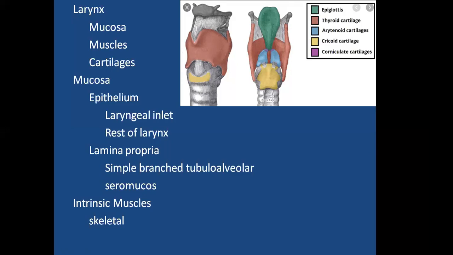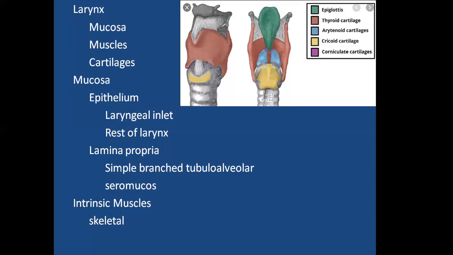The epithelium is the stratified squamous epithelium, non-ciliated, non-keratinized, except over the laryngeal inlet, which consists of the true vocal cords and the epiglottis. The epithelium there is the stratified squamous epithelium, non-keratinized.